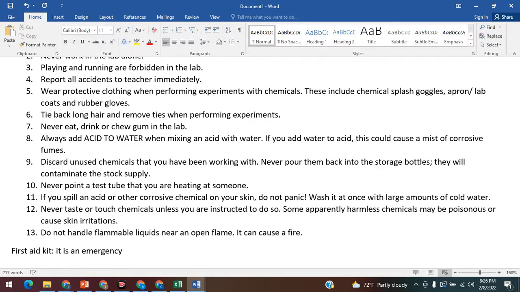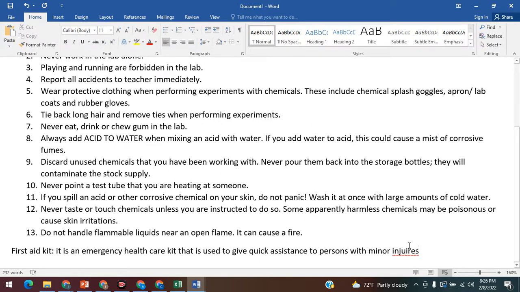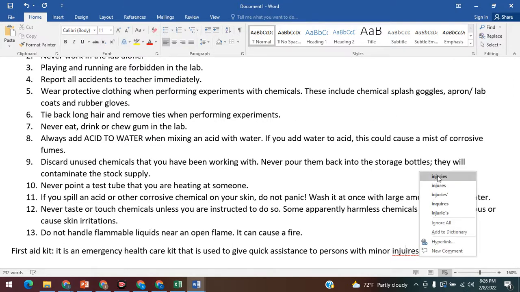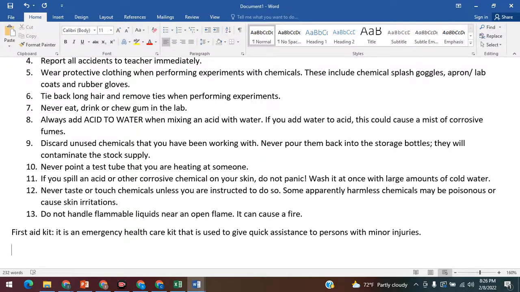Yeah, it's an emergency healthcare kit that is used to give quick assistance to persons with minor injuries. And then we have a fire extinguisher.